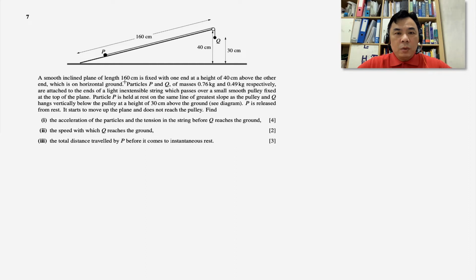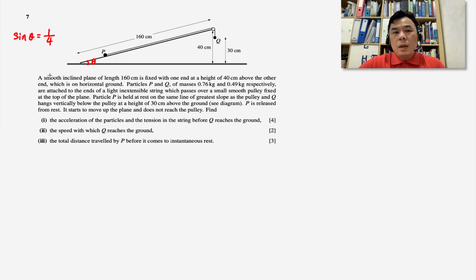And then, of course, you must be wondering why they give us the dimension for the slope. The main reason is because we can know the steepness of the slope itself. So here I'm going to write down the steepness, best represented using sine. Sine theta is equal to, we know that the height is 40 here, so therefore it is a quarter.